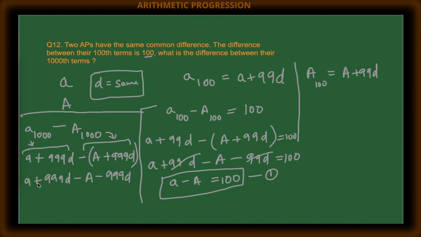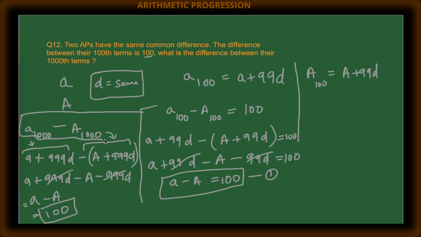We can cancel both of these, plus and minus 999D, and then what remains is a minus A. This is what we need to find, and a minus A is given as 100.